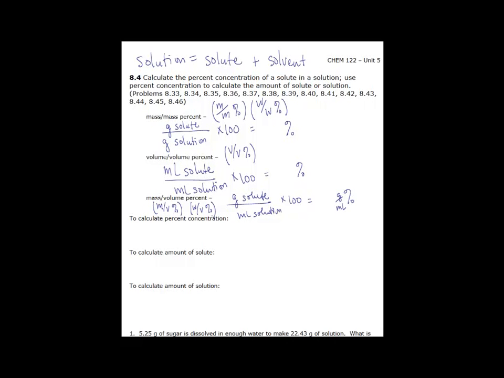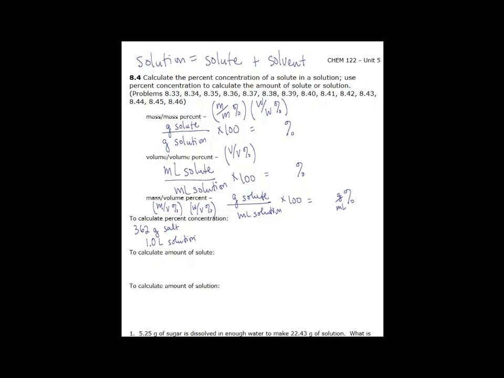So, if you were given enough information, you could calculate the percent concentration. Let's say you have 362 grams of salt and this is made up of 1.0 liter solution.